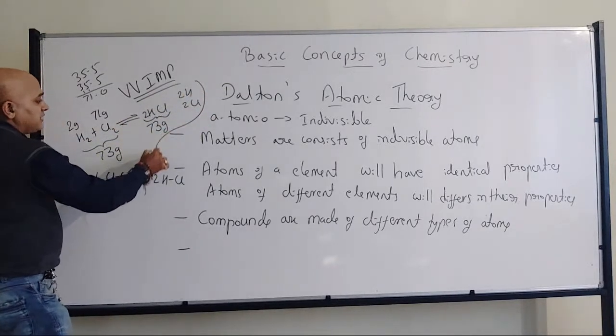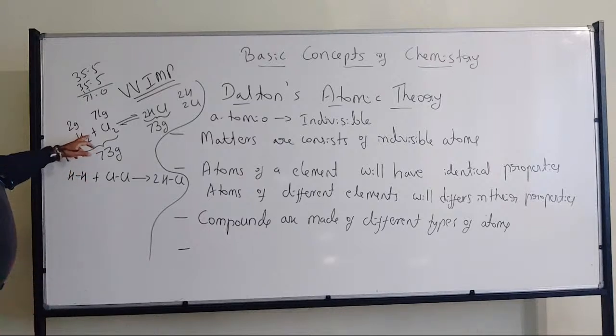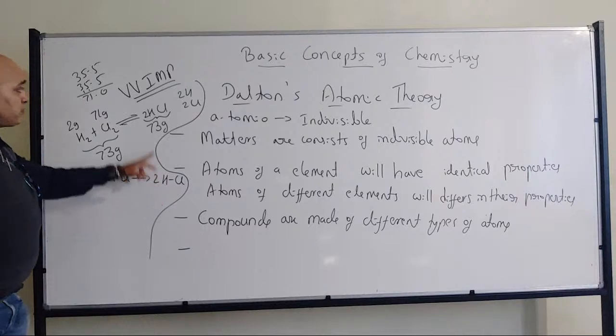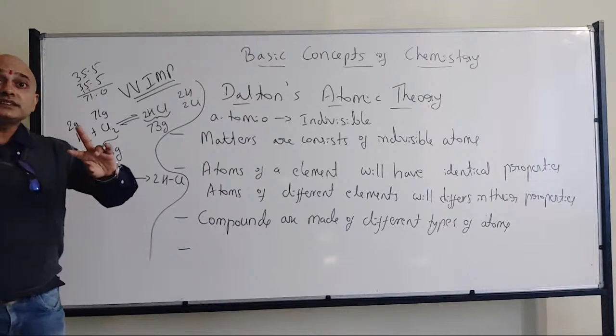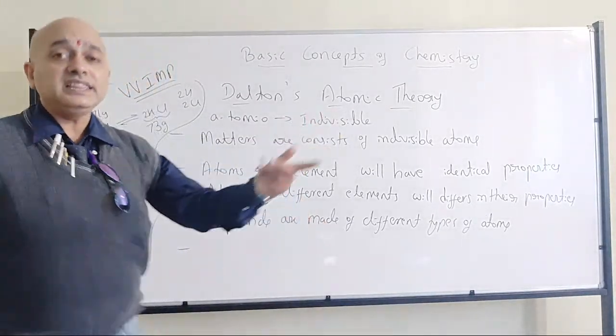So in this reaction, hydrogen is bonded with hydrogen and chlorine is bonded with chlorine when I am talking about the reactant. But in the product, hydrogen is bonded to chlorine. So there is a shift in the bonding.